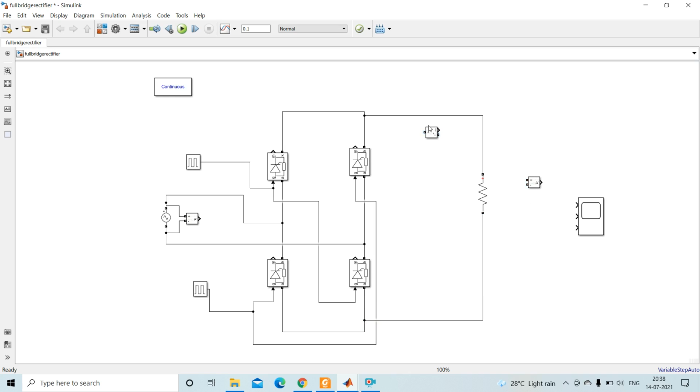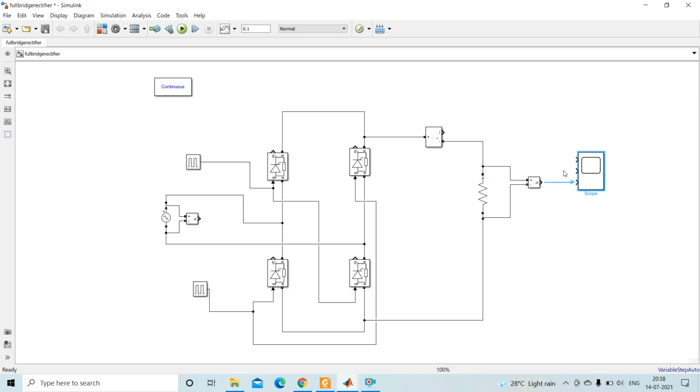Load is now connected here. Insert the current measurement. This is the current measurement connected here. Then the voltage measurement is connected across the load.